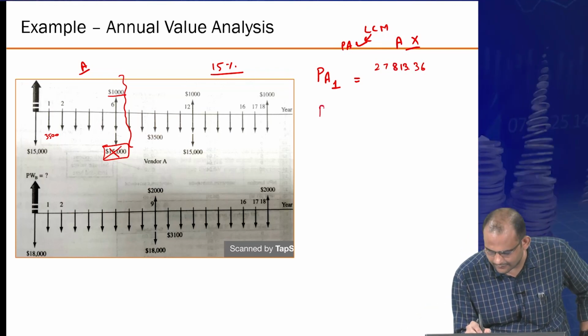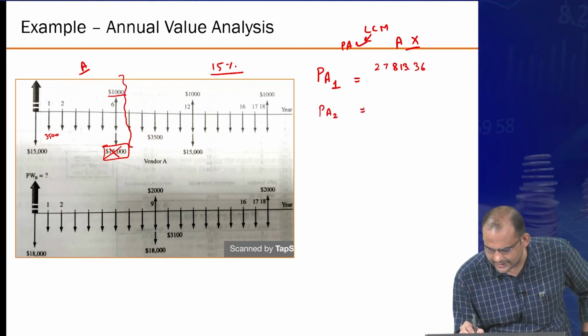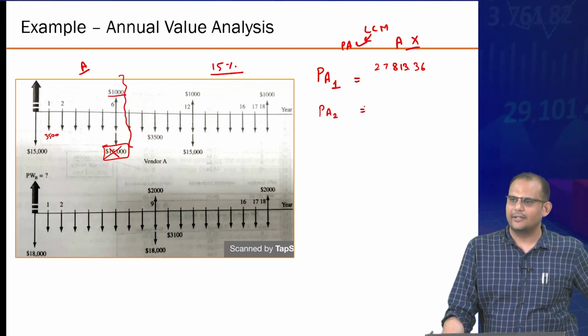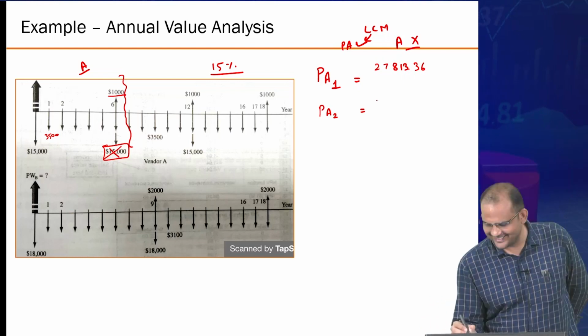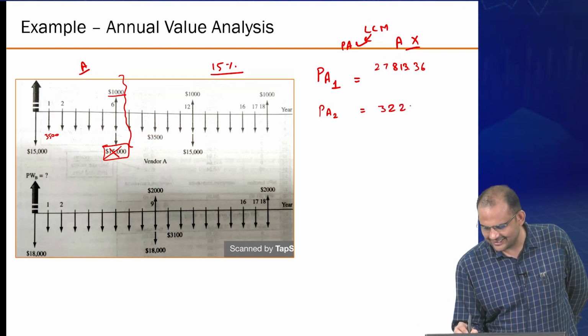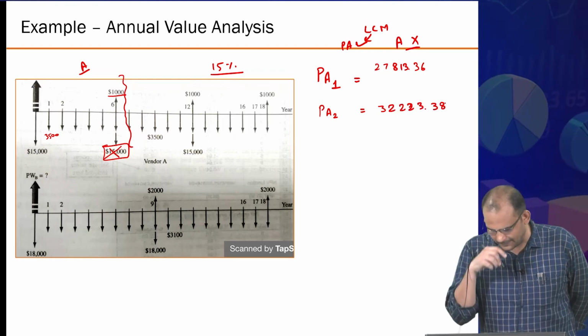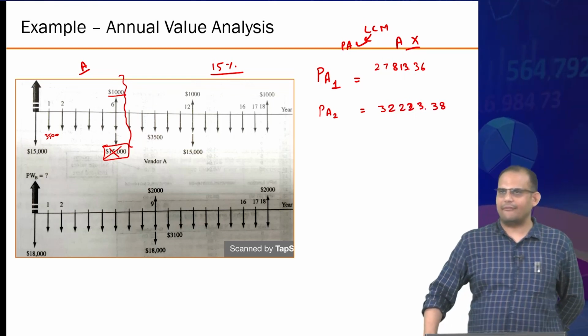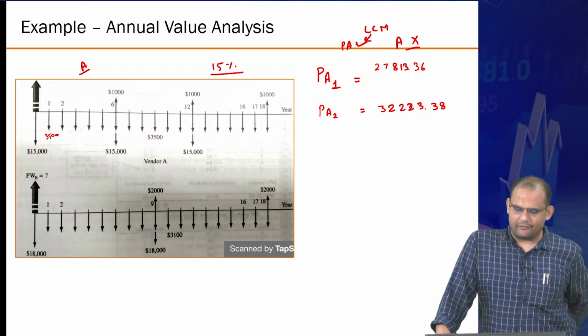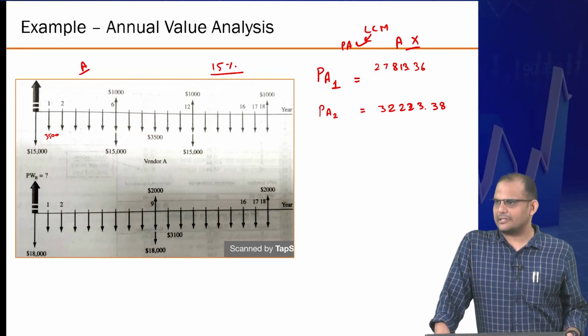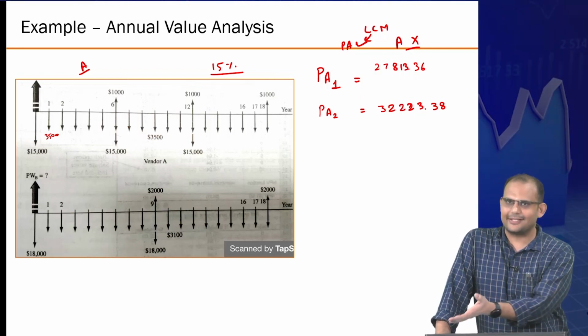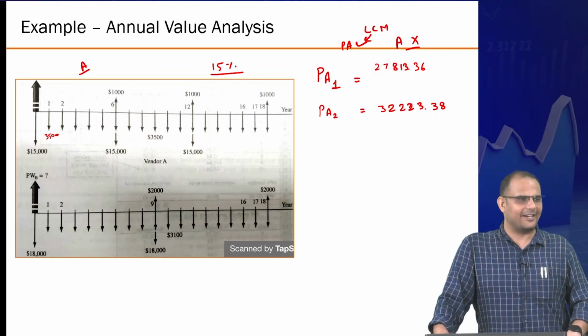And if you have also calculated, give me present worth for option A for two cycles. 223.38. Everyone else, for one cycle, are you getting the correct answer? I don't know if it is correct. Are you getting the same answer or different answers?